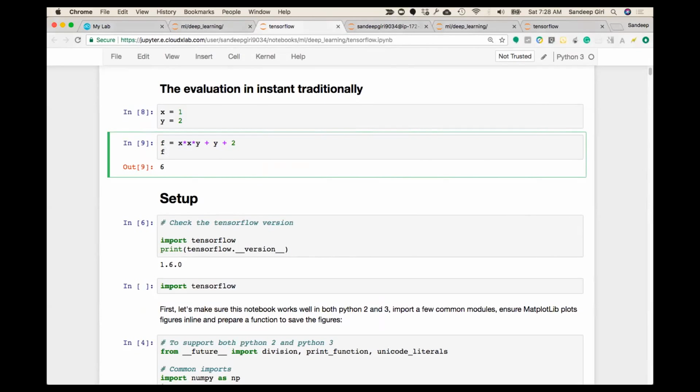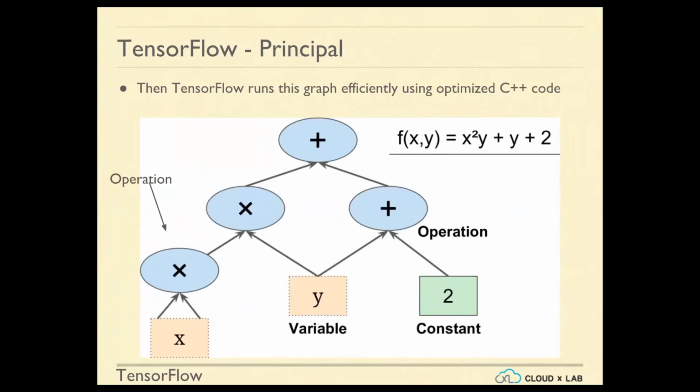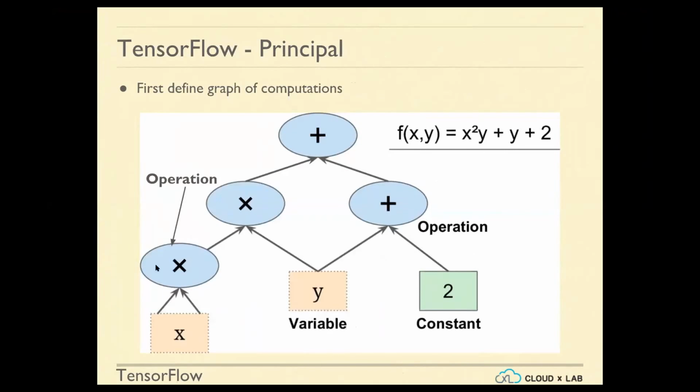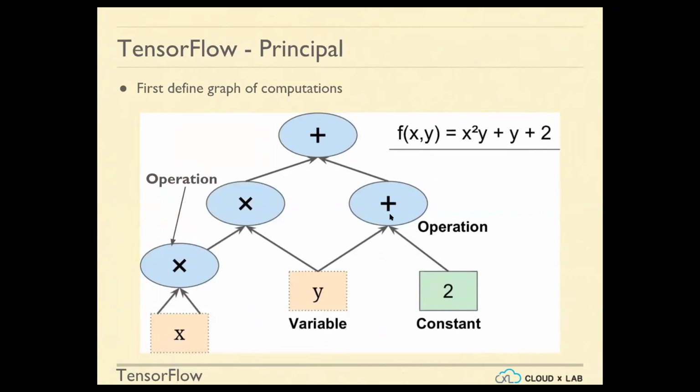So, basically, this is the traditional way of doing it. In case of TensorFlow, we create the graph, and the graph is made up of operations. The leaf nodes are either variables, constants, or there are a few more data types. We'll talk about them soon. Every node that you see is an operation.